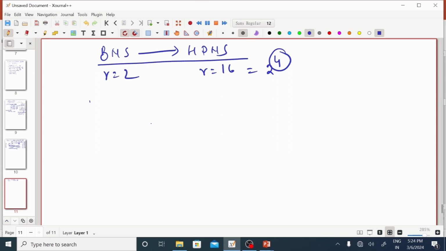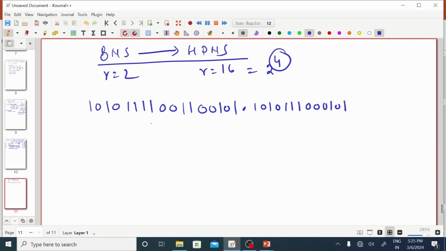Suppose this is the binary number 10 10 11 11 00 11 00 10 1, point 10 10 11 11 00 01 01. Okay, so this is given in base 2 number system.